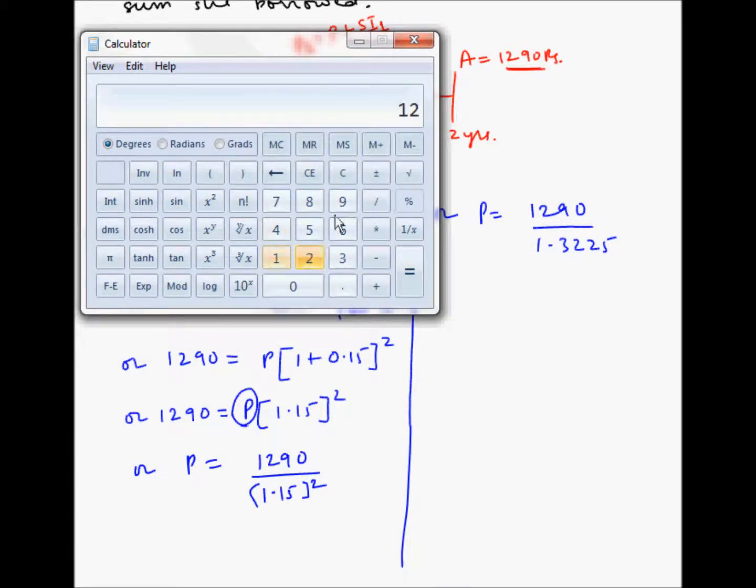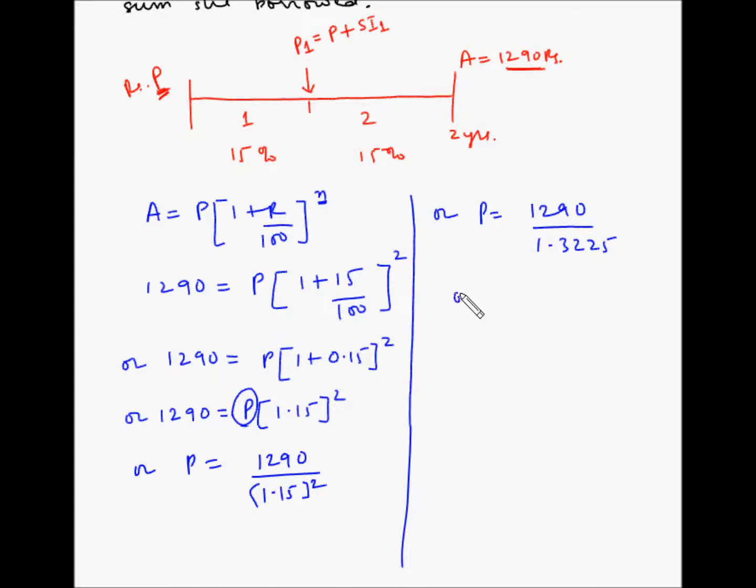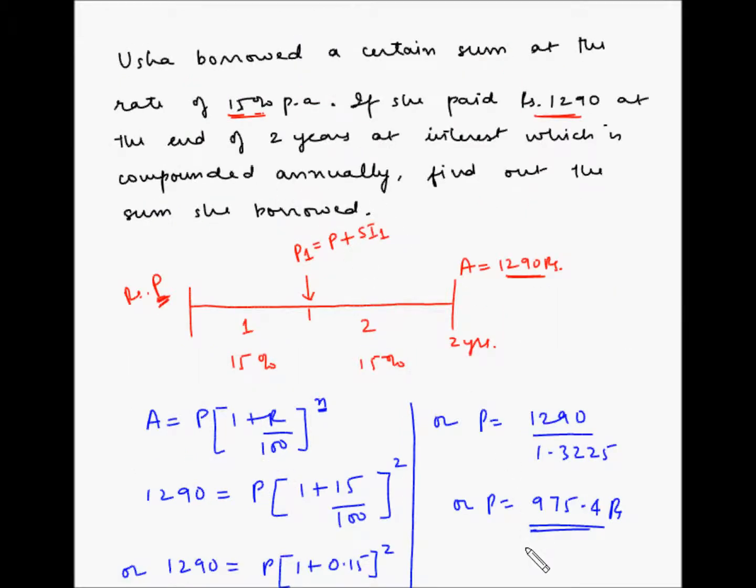So 1290 divided by 1.3225. So this is 975.4. So P is equal to 975.4 rupees. So this is the principal amount that Usha has borrowed.